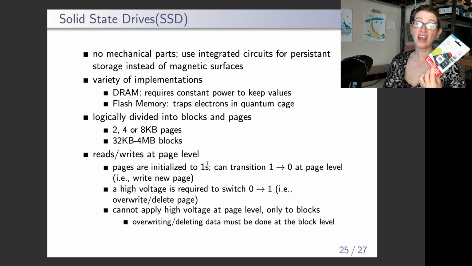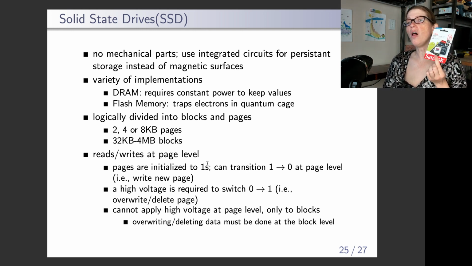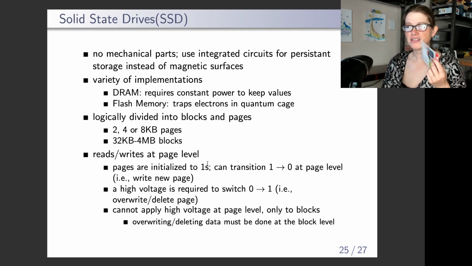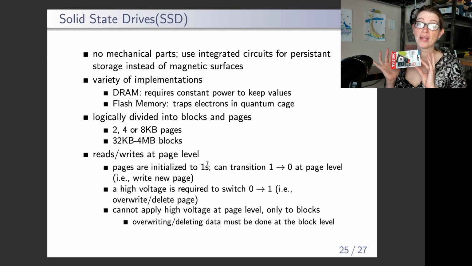Like it's tiny. Can you make something this small for 128 gigabytes with a mechanical drive? Of course not. That doesn't make sense. So one of the advantages of a solid state drive, aside from the fact that it has no physical moving parts, is that we can actually make them really, really small.